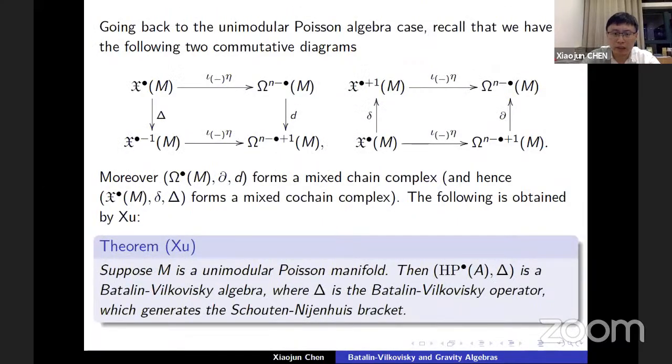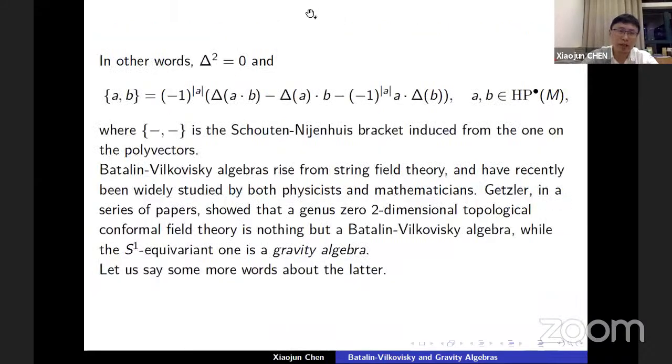Now, what is a BV algebra? A BV algebra is a graded commutative algebra with an operator delta, where delta squared is 0, and the bracket is called the deviation from being a derivation. What do I mean by this?